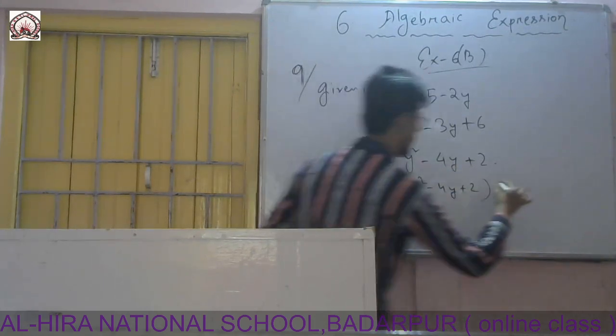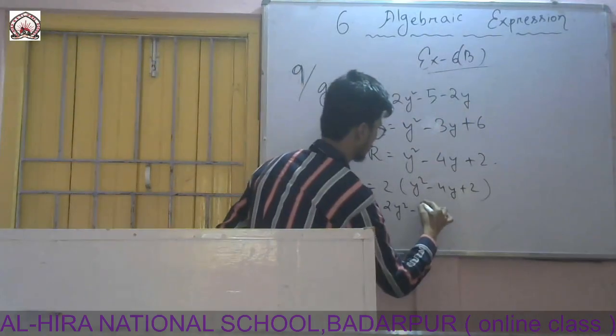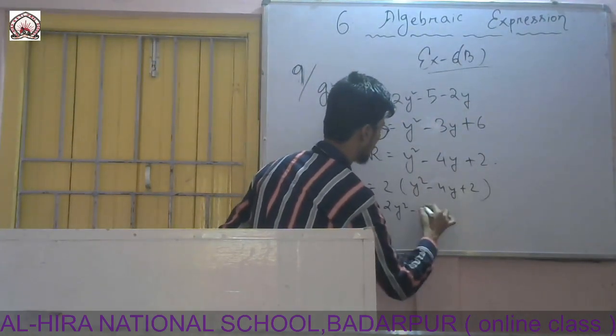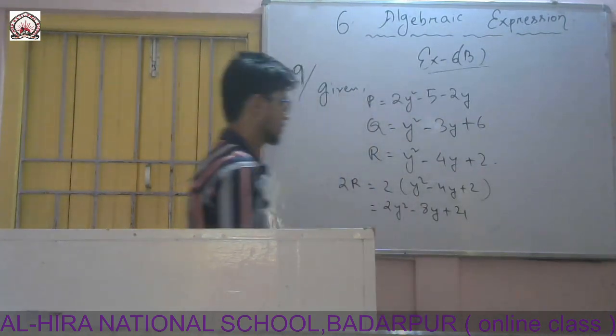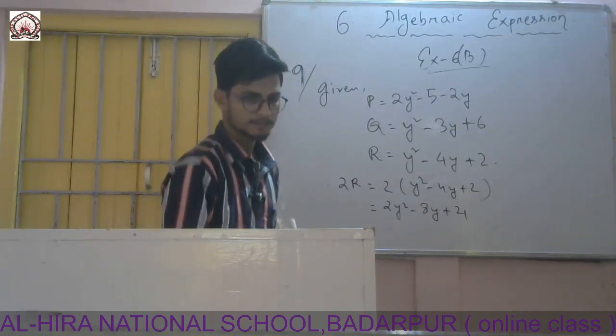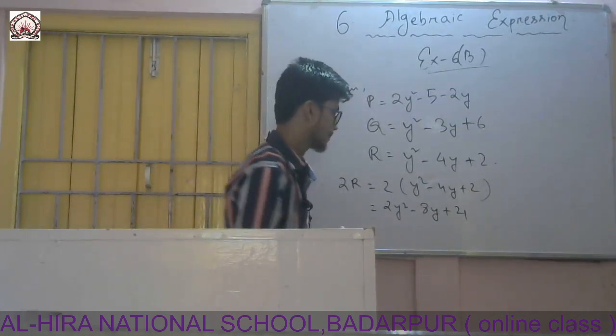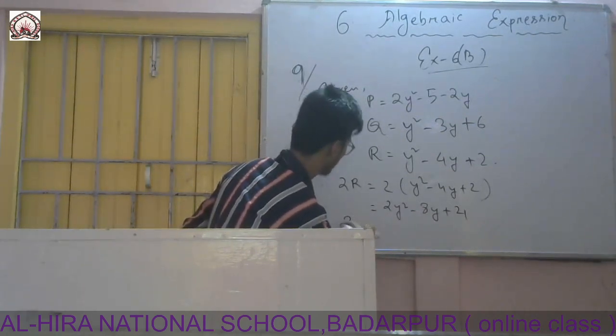If I solve this one, it will be 2y square minus 8y plus 4.